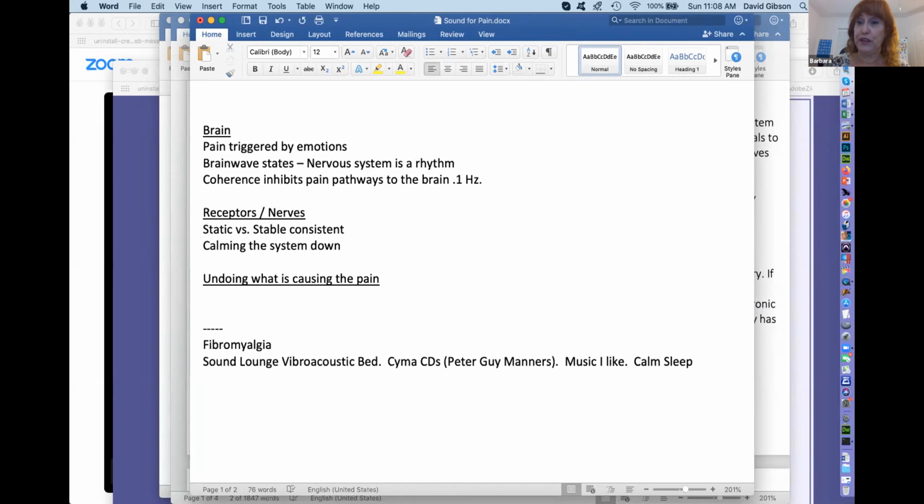Like if they come with an 8, they're down to a 2 or less by the time they leave. But because many of these things like fibromyalgia are cumulative, I book them for a series of sessions. I tell them that at the beginning, because I'm trying to entrain their frequencies and calm their system down.